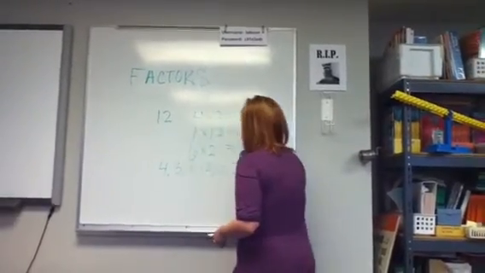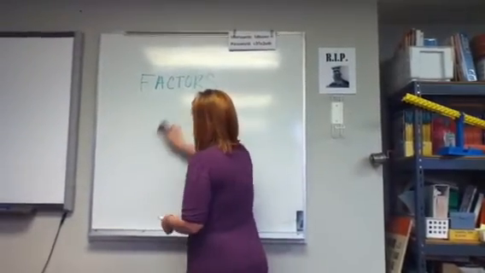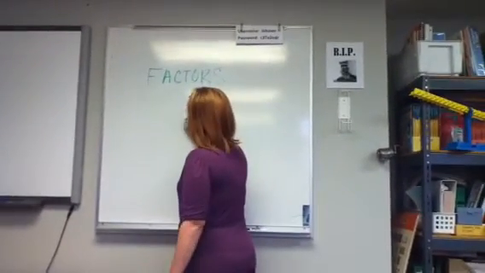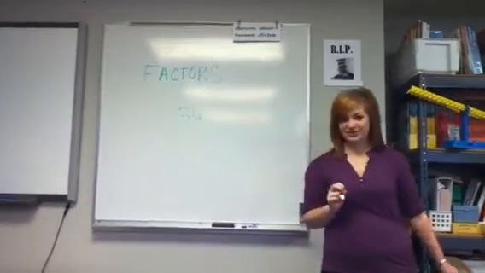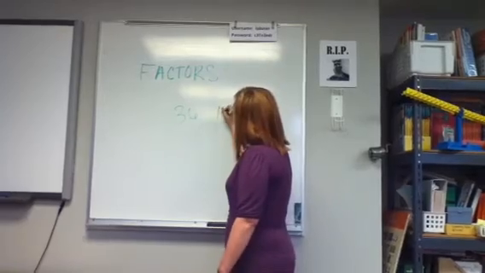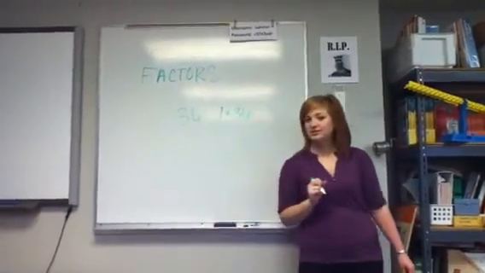And now we're going to do a hard one. But I bet it won't be hard for you guys. Let's do 36. Can anybody tell me 2 numbers that equal 36? That's right. 1 times 36. Anybody else?